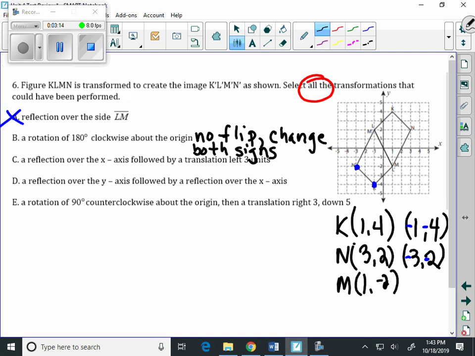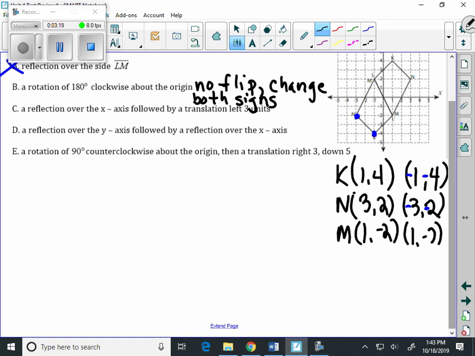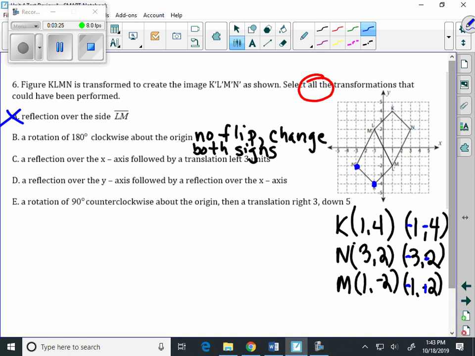But 1, -2, no flip, means 1, -2, but we change both signs. So we get -1, +2, and -1, +2 does land on our other M. So definitely our choice B is an answer. Again, I at least would erase that grid right there because it gets jumbled up fast.